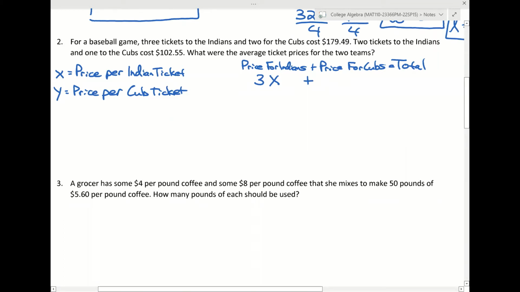It says that we bought 2 Cub tickets, and that came out to $179.49. Then we have 2 tickets to the Indians and 1 for the Cubs. That cost $102.55.